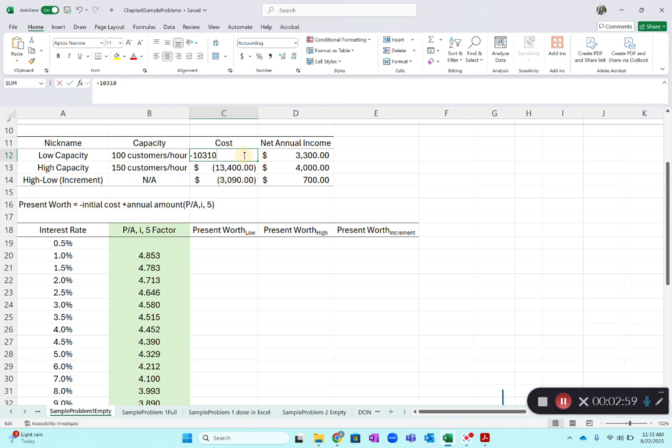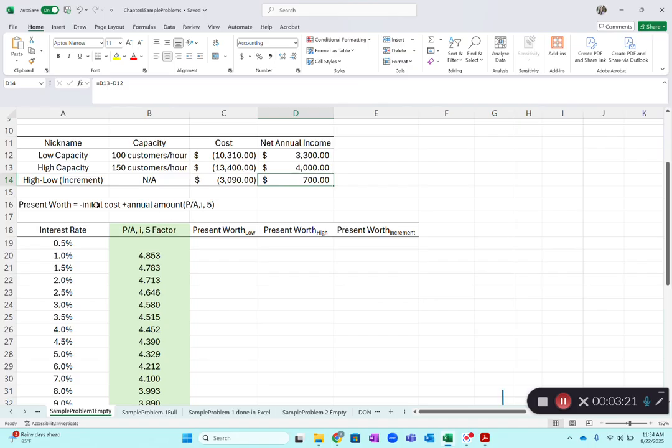So if you look up in my formula bar, I have negative 10,000 written there. So the parentheses just tells me it's already a negative. Okay, so then I did my high minus my low, and I get the 3,090. And then I have my net annual income for each, and then the income for my increment.